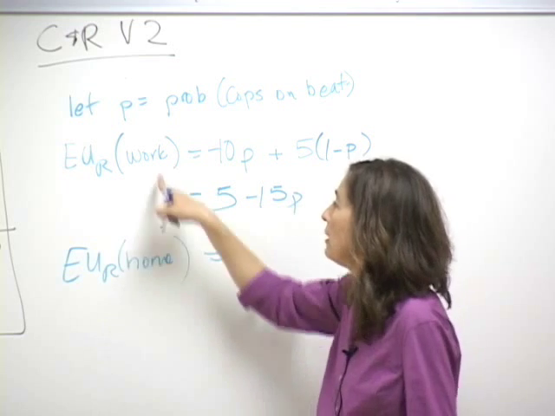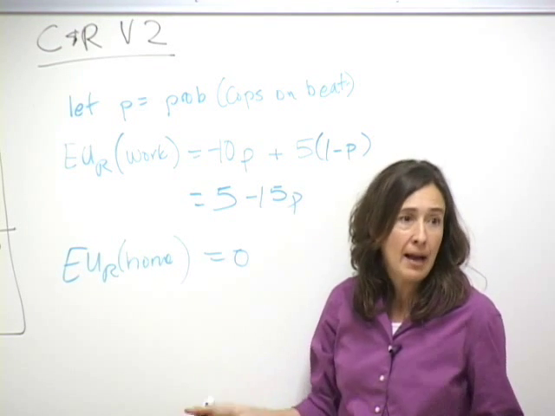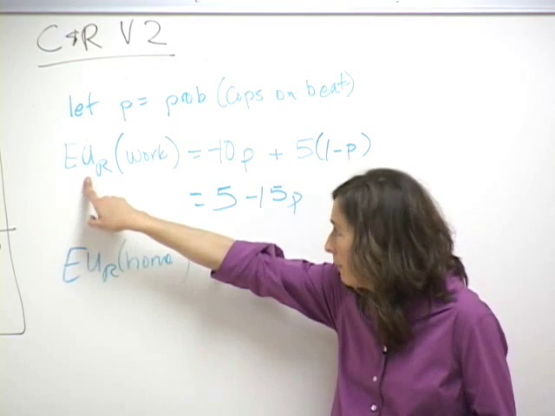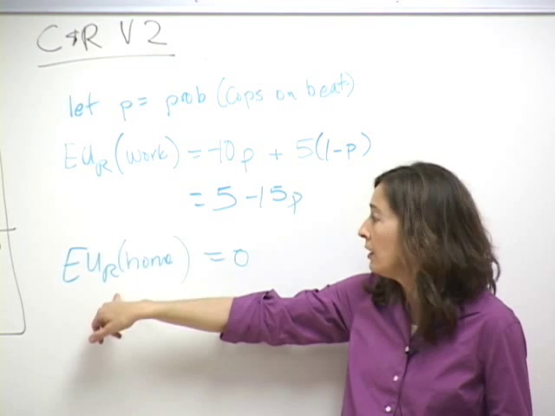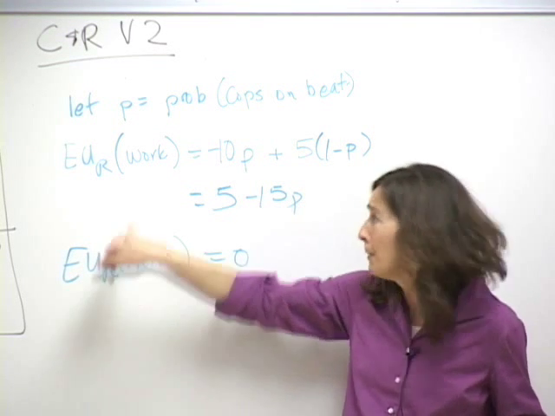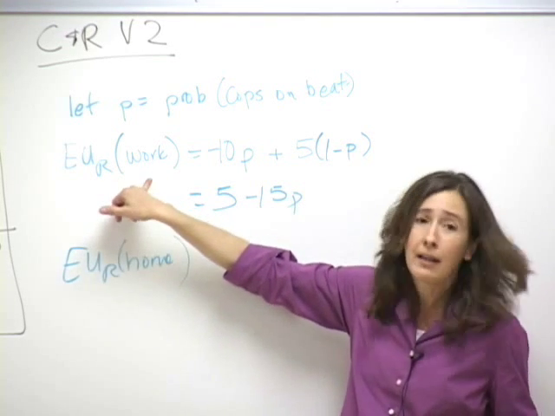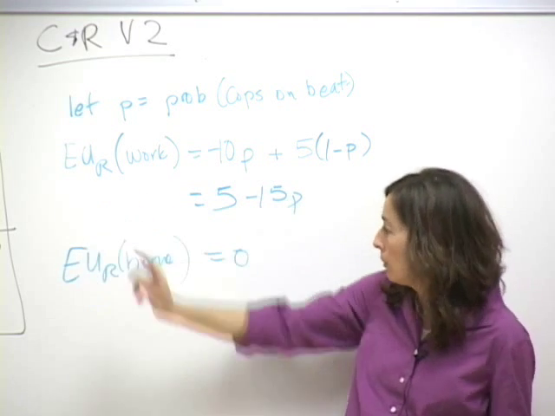If these two expected utilities aren't equal, then the robbers can do something better than flip a coin. If the expected utility of being at work is higher than the expected utility to stay home, and I'm the robbers and I flip a coin, I'm not in equilibrium because I would have done better by picking the better choice. I'm only going to be willing to do the mixed strategy when these two are equal.